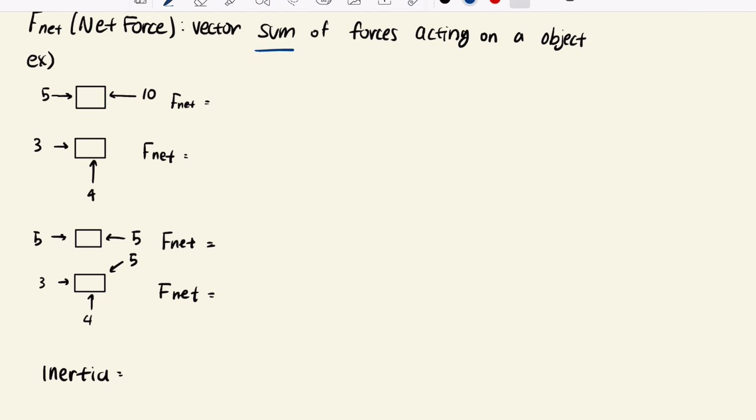For example, if there's 10 newtons pushing towards the left and 5 newtons pushing towards the right, what would the F net, which is the vector sum of forces, be? It would be 5, because 10 to the left and 5 to the right, 5 from each would cancel out, and 5 to the left would be left. So F net would be 5.